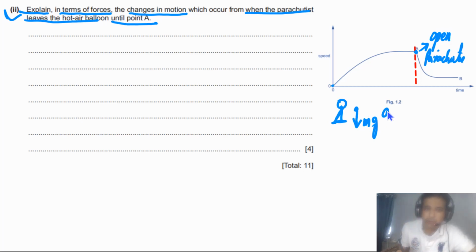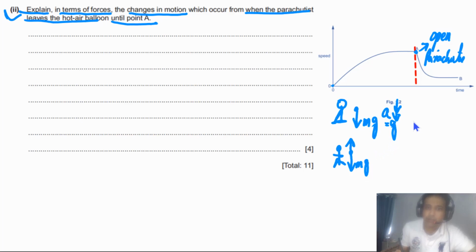So the acceleration of this parachutist initially is downwards, and this acceleration will be equal to g, because the resultant force is mg. When this person starts falling downwards, air resistance on this person will start increasing because the speed of the person is increasing. So air resistance will start increasing, but the weight of the person will not change.